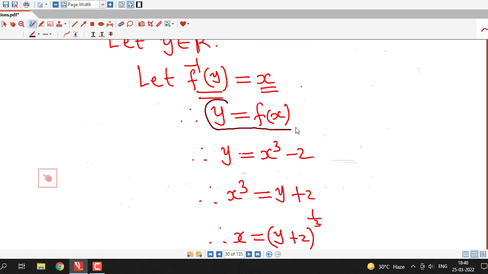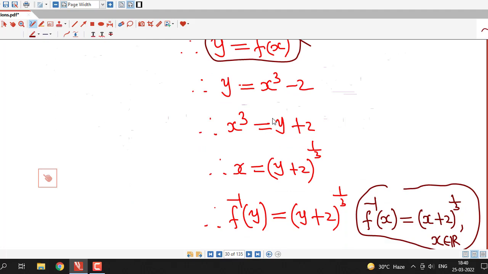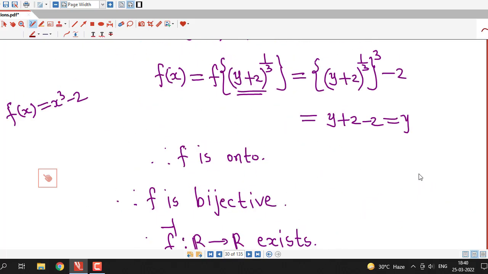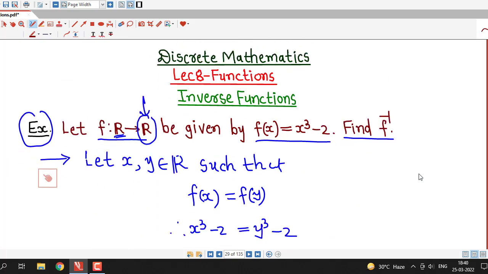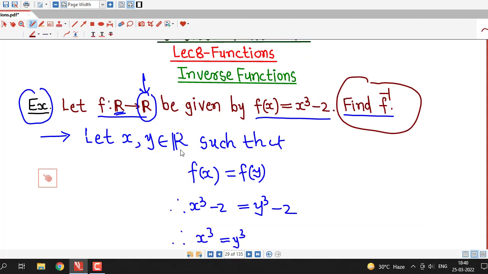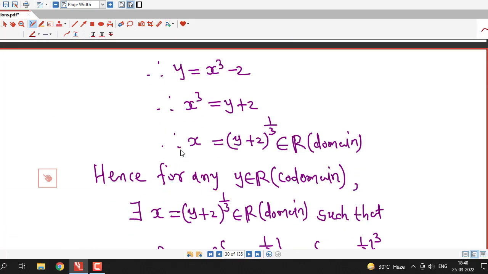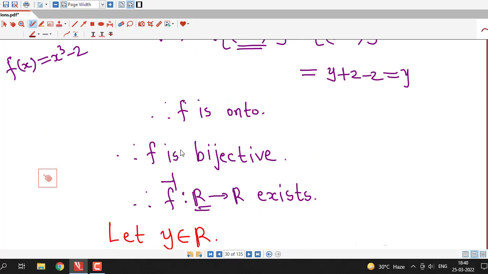We just remember that we find the value of x after simplifying f(x) equals y, and here we obtain that x equals (y plus 2) raised to 1 by 3, and x is f inverse y. So this is the inverse function of the given function f(x) equals x cube minus 2. In this way we can easily find the inverse of a given function, provided the given function is 1 to 1 and onto.